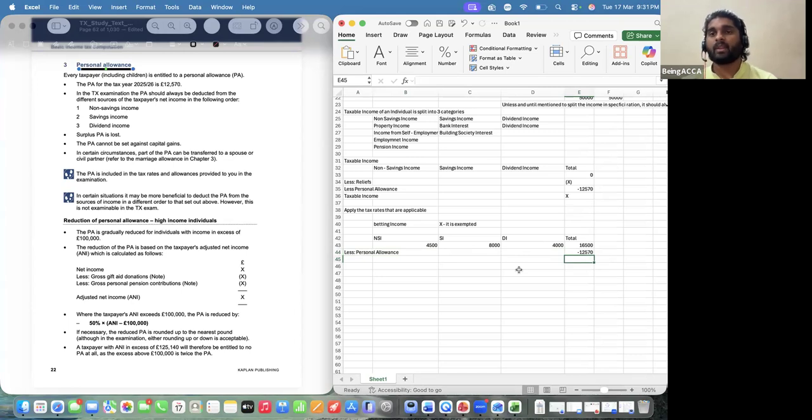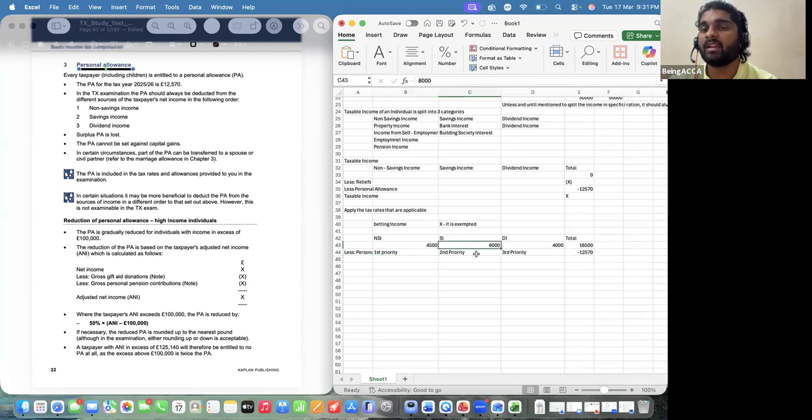No, we don't. Always remember, personal allowance should be given first priority to non-savings income, second priority to savings income, and third priority to dividend income. However much the incomes are, the first priority of personal allowance will be to non-savings income, then to savings income, then to dividend income.